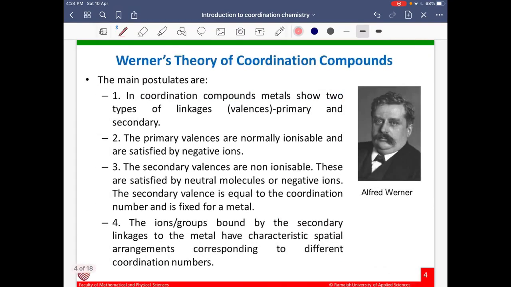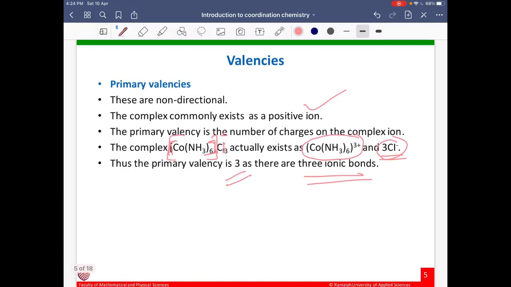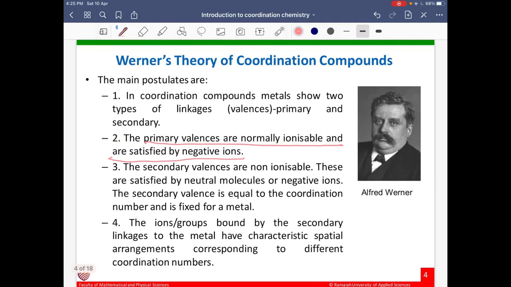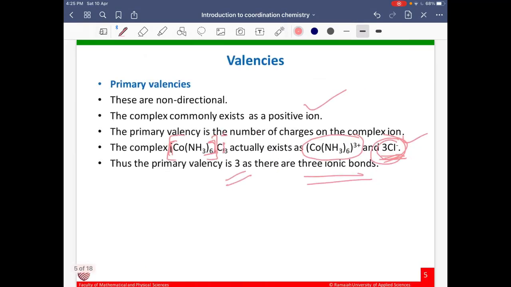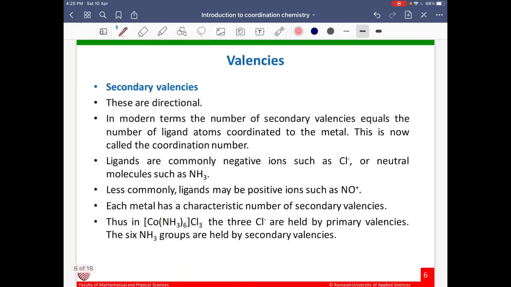As per Werner's theory, primary valencies are normally ionizable and are satisfied by negative charge. We know that chloride ions are ionizable if dissolved in water. This complex will give you chloride ions, which are negatively charged, and the number of chloride ions here is 3. So we call the primary valency 3 for this complex.